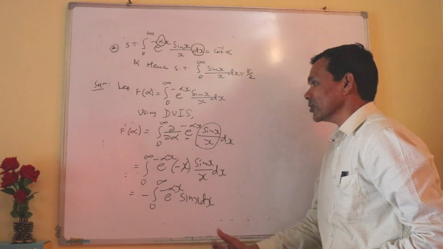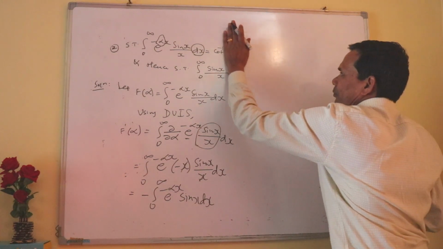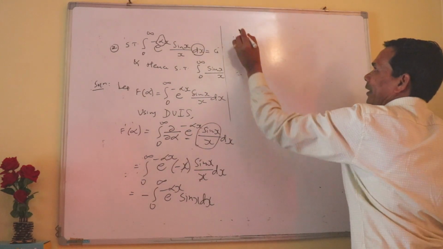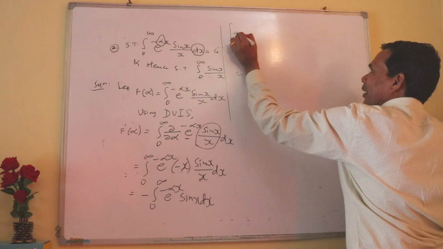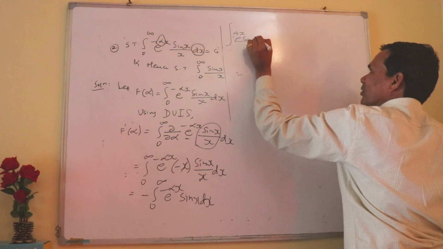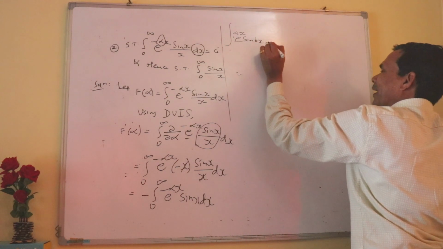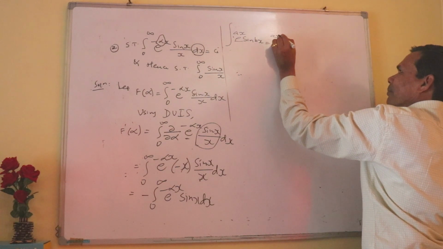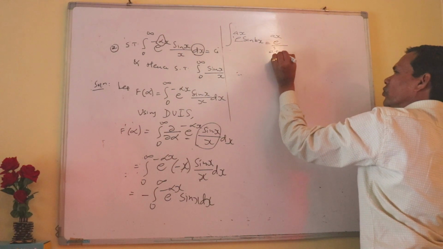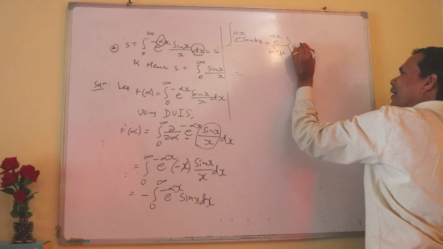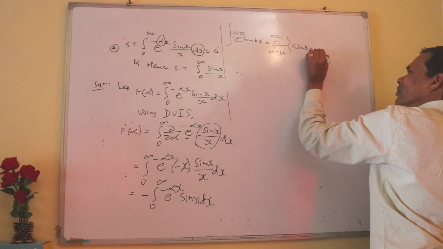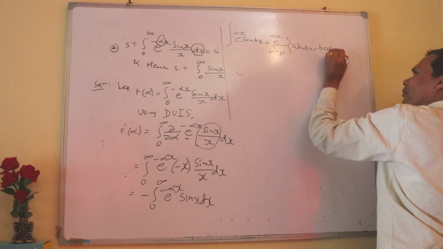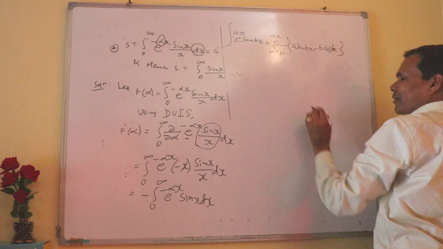So you have to integrate this using the formula for integration of e to the power ax sin bx. This formula is e raised to ax upon a square plus b square, inside the bracket a sin bx minus b cos bx. This formula we are applying here.